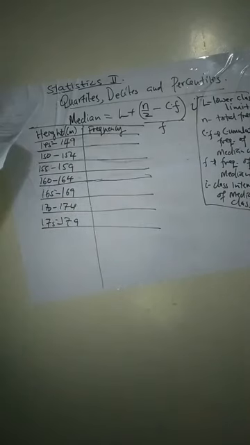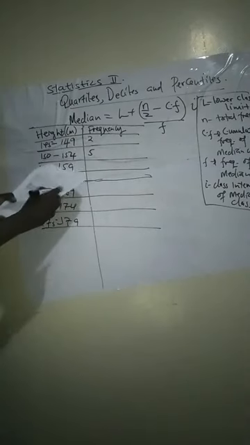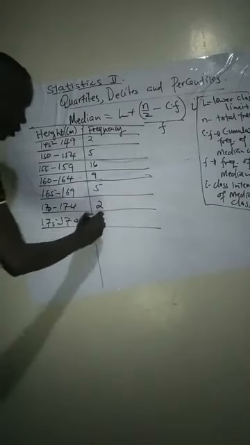Let me name the frequency of each one of them. This is 2, 5, 16, 9, 5, 2, and 1.